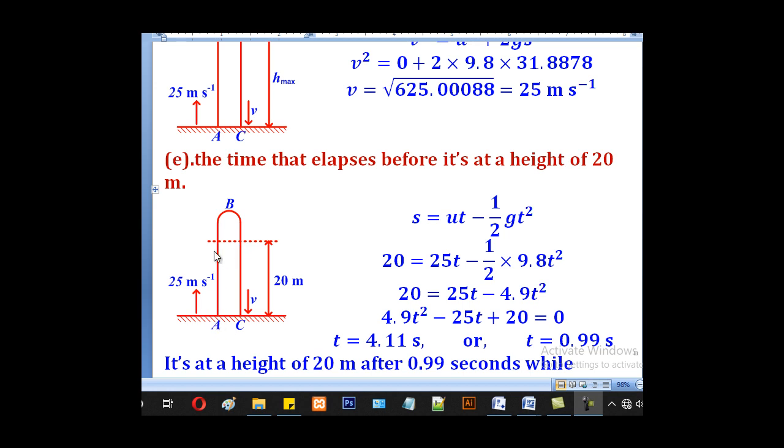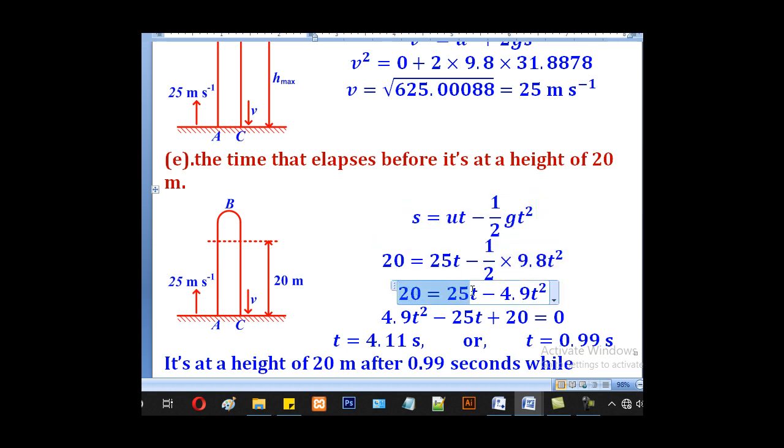You can see that in both cases, at this point and at this point, the displacement is the same, 20. So we shall use the second equation of motion, whereby s is 20, positive because it's above the point of projection, initial velocity is 25, t is what we want, g is 9.8.